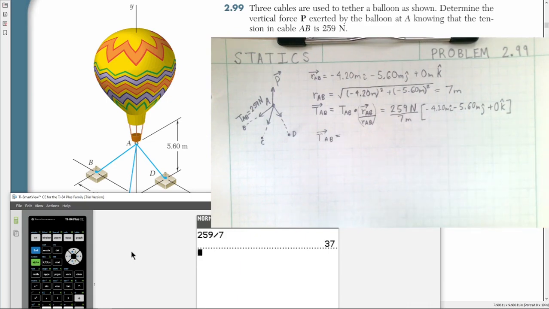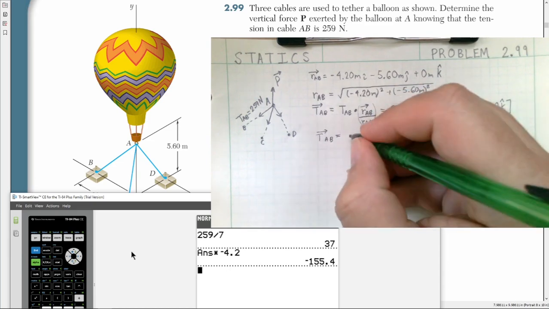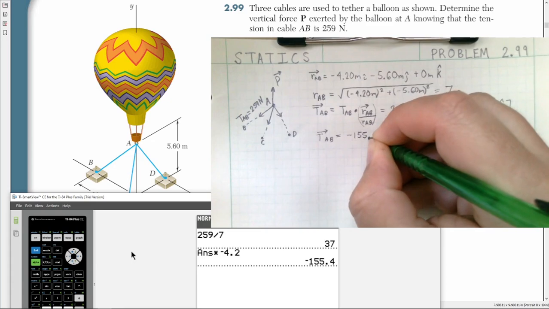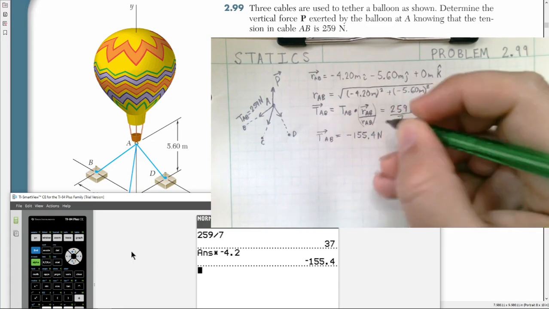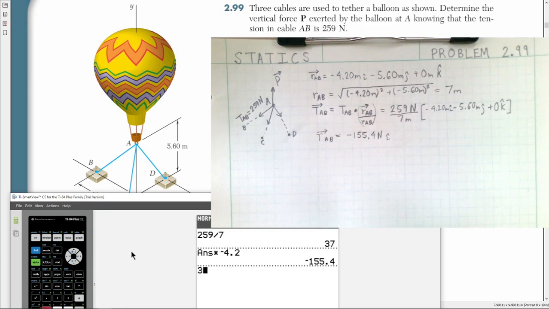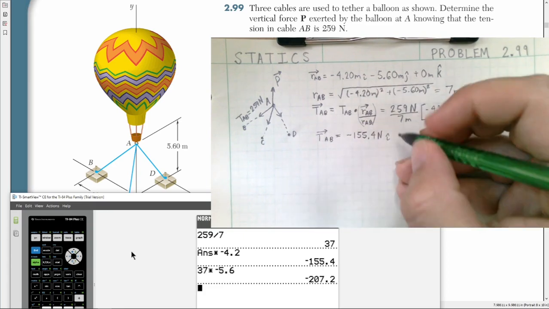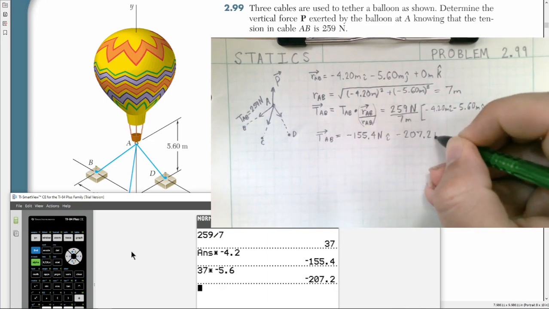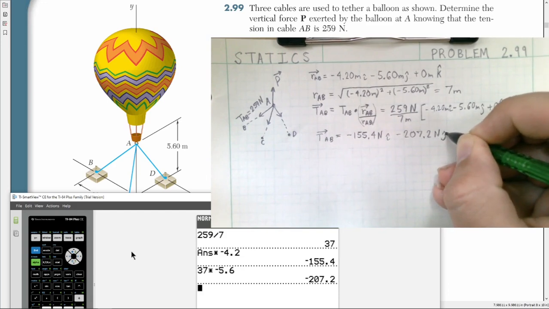So 37 multiplied by negative 4.2 gives us a negative 155.4 newton value in the i hat direction. Multiply 37 times negative 5.6. That gives us a negative 207.2 newton value in the j hat direction.